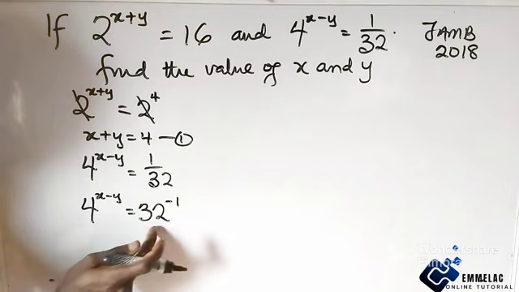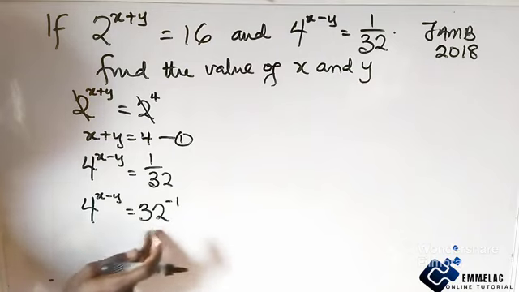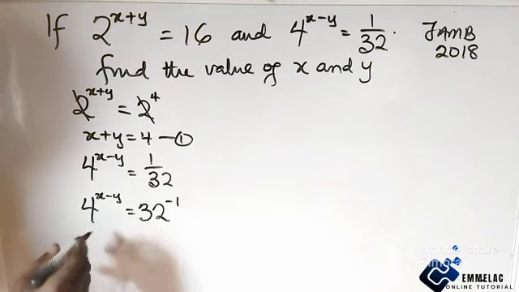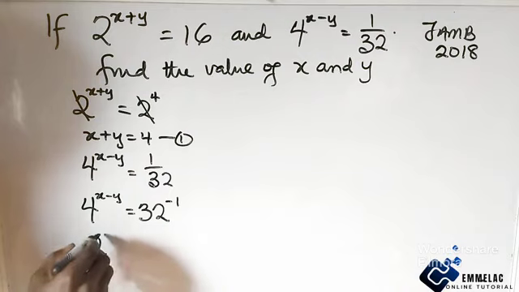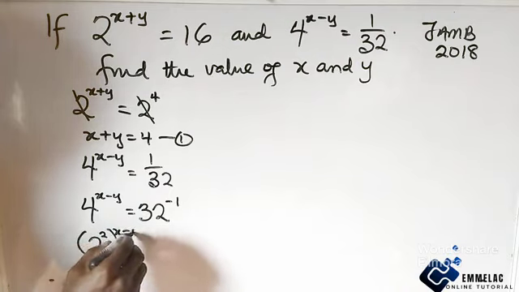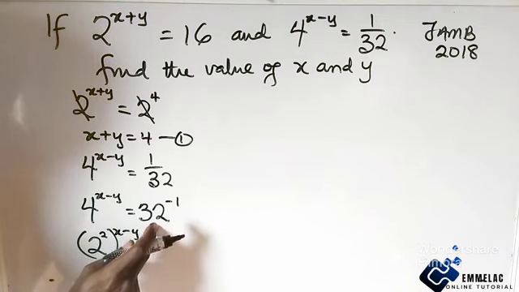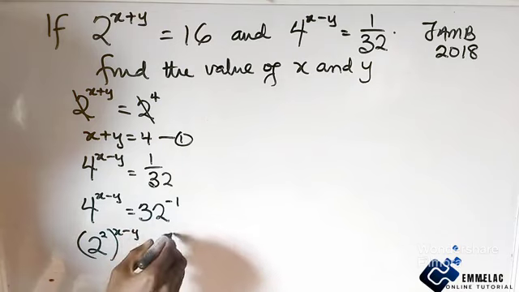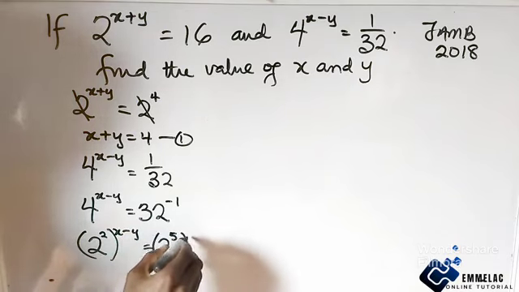Now we will look for a common factor, and this common factor is 2. So now change this to a base of 2. So we now have 2 raised to the power 2, then we put in x minus y, then equals, now change this to a base of 2, which is this. Now this power will give you what? 5.